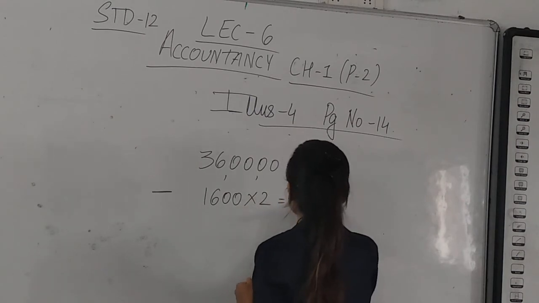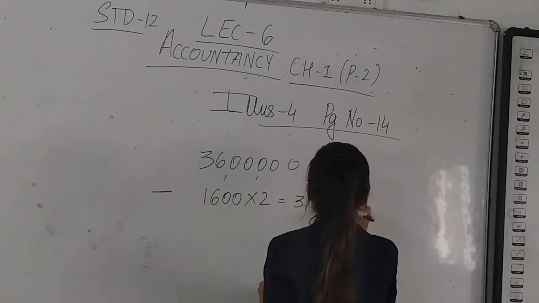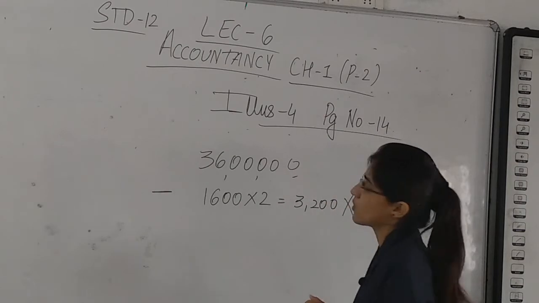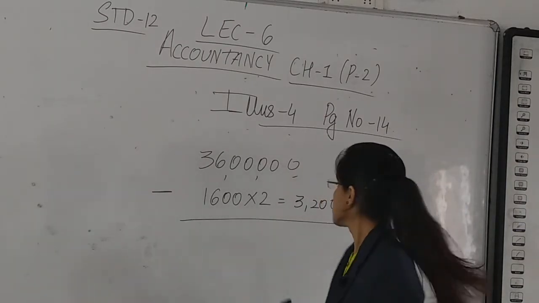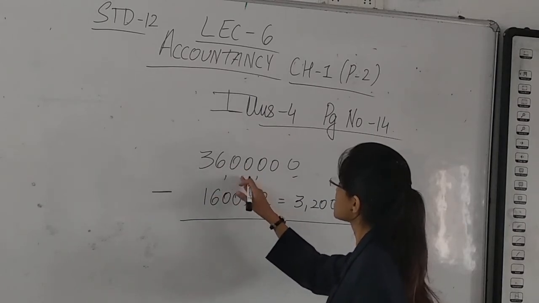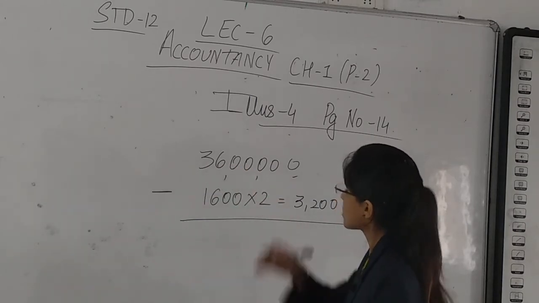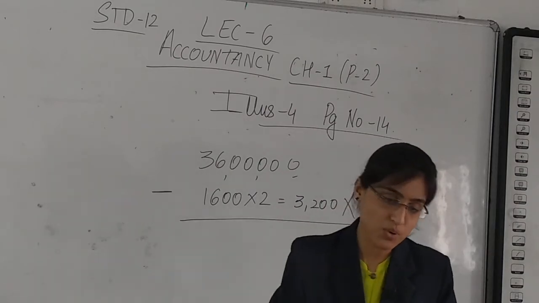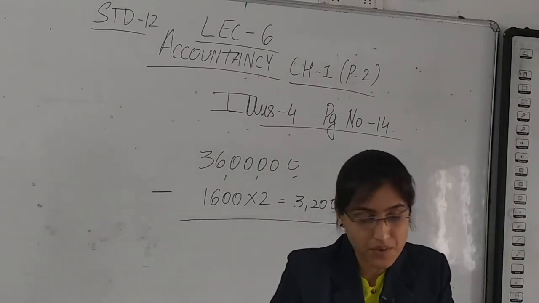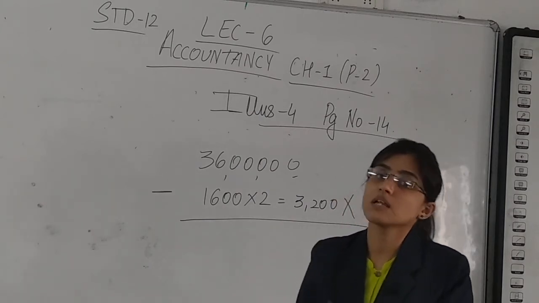That means 3200 rupees are not received out of this amount. So what is the net amount received? 36 lakh minus 3,200. This gives you 35,96,800.